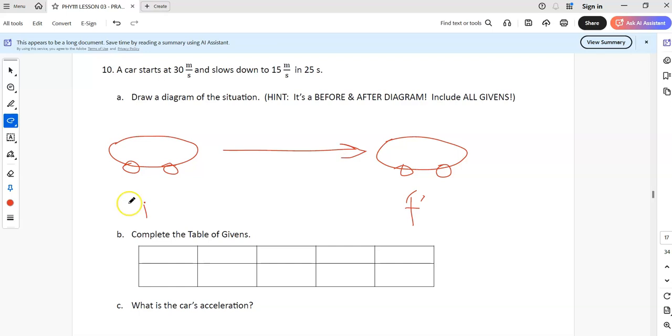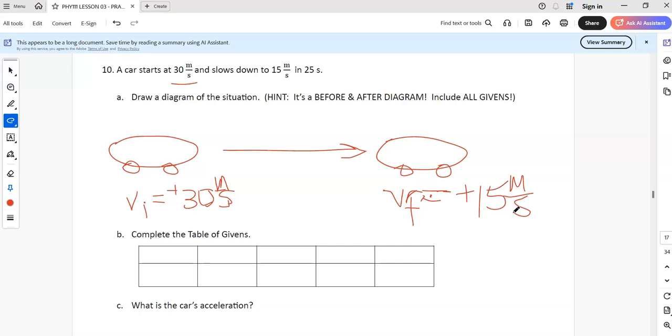It starts out with an initial velocity of 30 meters per second, technically plus 30 meters per second. And our final velocity is also given. It says that it is 15 meters per second. That is positive 15 meters per second.